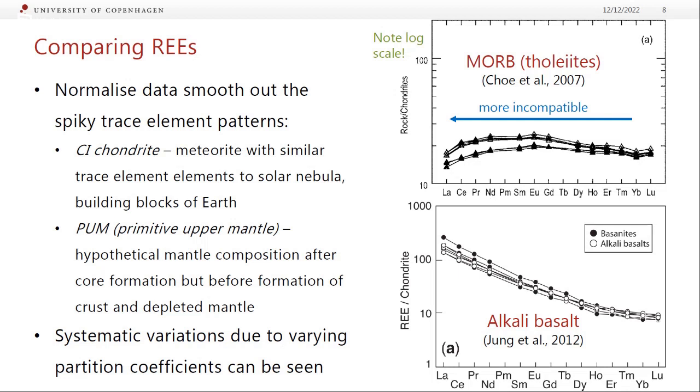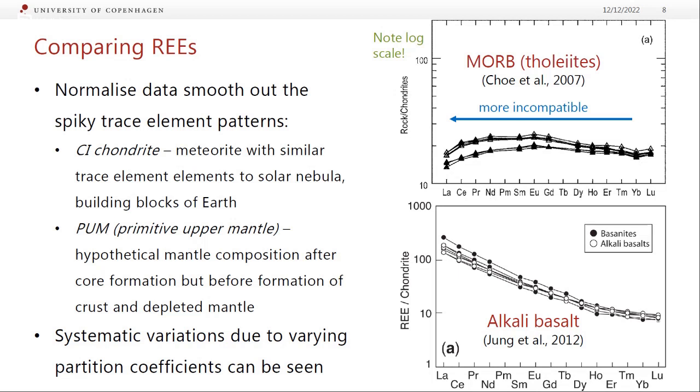So the idea is that this is what the mantle might have been like before any continents or crust formed. In reality, it probably never existed because crust was already forming as the Earth was coming together, but it doesn't matter. Whichever one you divide by, you get these nice smooth patterns.